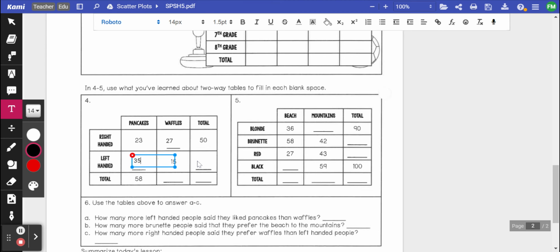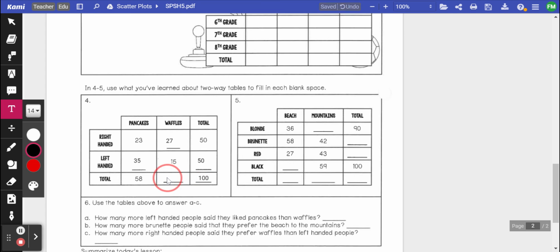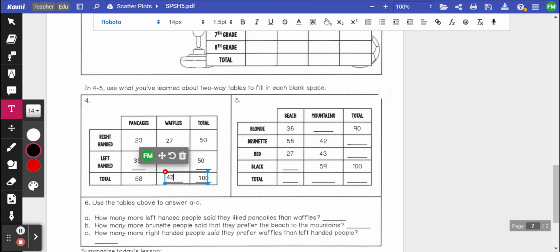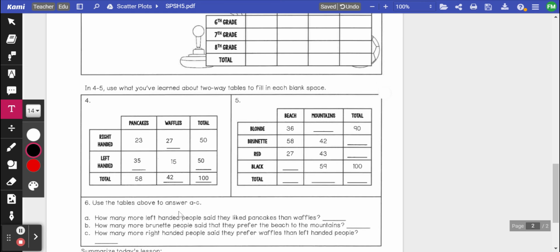And so now I come over here, and what do I get? 35 and 15 is 50. And so I'm looking, my total should be 100, assuming I did my math correctly. 27 and 15 will be 42. Okay. And so now I've filled in those gaps.